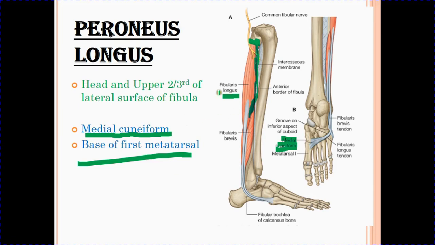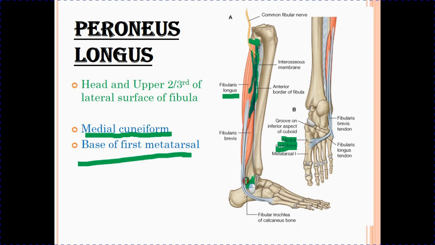The peroneus longus muscle arises from the head and the upper two-thirds of the lateral surface of the fibula. The fleshy part is converted into the tendon, and the tendon runs downward behind the lateral malleolus. This is an important landmark.